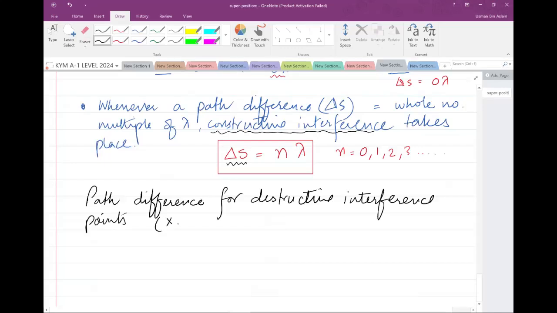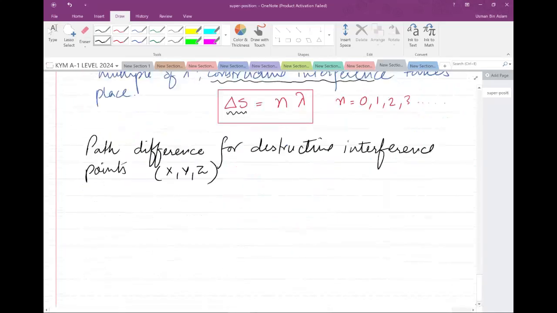That means X, Y, and Z. I will show you only two, and that is going to get applied to all the points where destructive interference will take place. So I will show you the working for point X first.